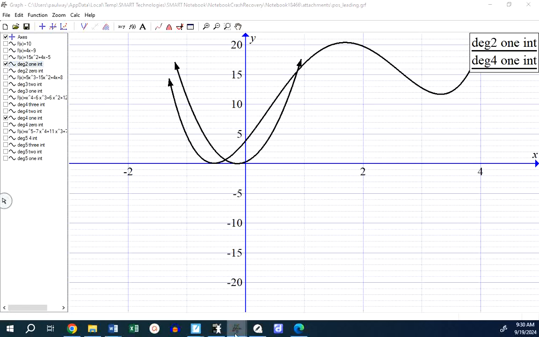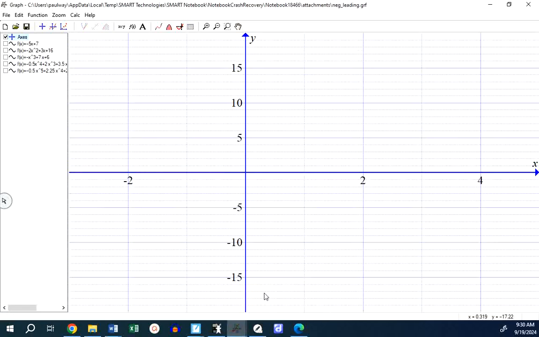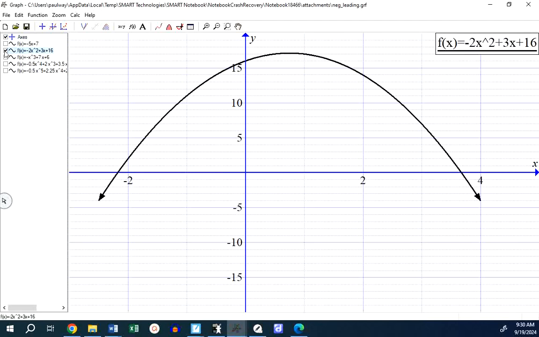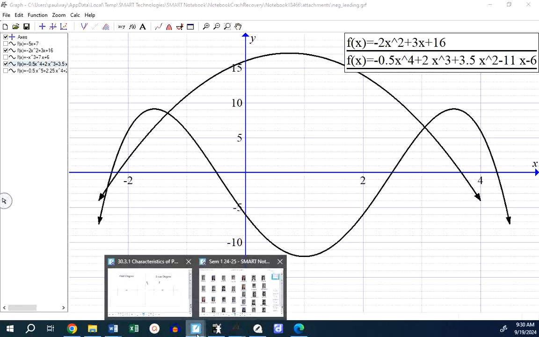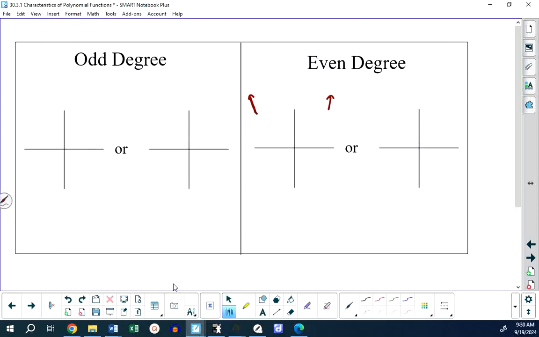Well, let me show you some even polynomial functions that have both arms down. So just because we've only looked at both arms up for even doesn't mean both arms can't be down. And that means that these even polynomial functions might look like this in terms of what we call end behavior.